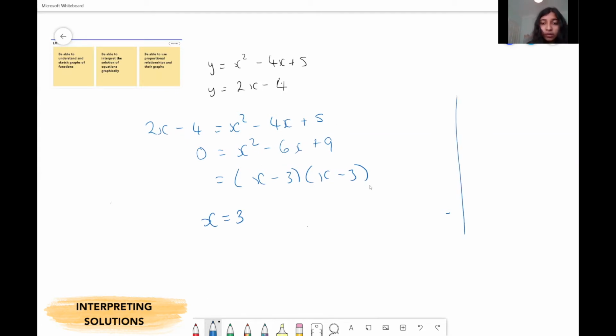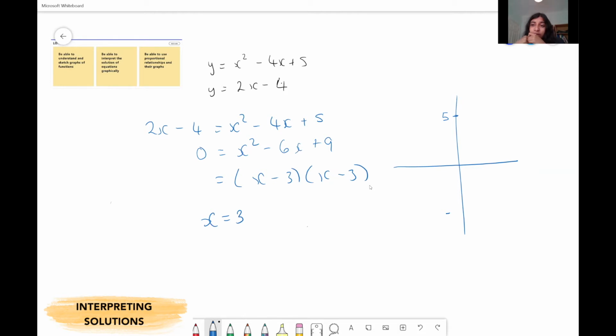For the first one, you know it will cross the y-axis at 5, and then you can either complete the square to see where the minimum point is, or try to factorize it. You can try this yourself, but you would find that there are no factors.